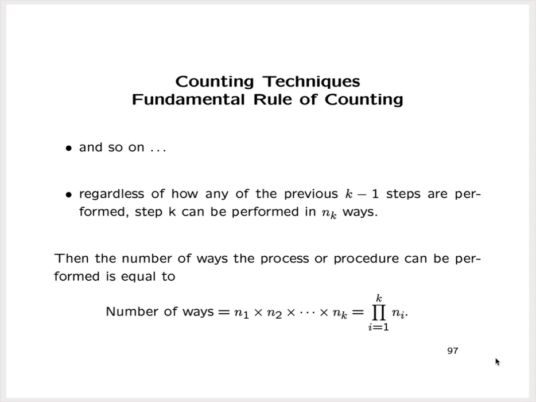And then finally, regardless of how any of the previous k-1 steps are performed, the final kth step can be performed in n sub k ways. So when that's the case, the number of ways that the process or procedure can be performed is equal to the product of the number of ways that each step can be performed. So that is the fundamental rule of counting.